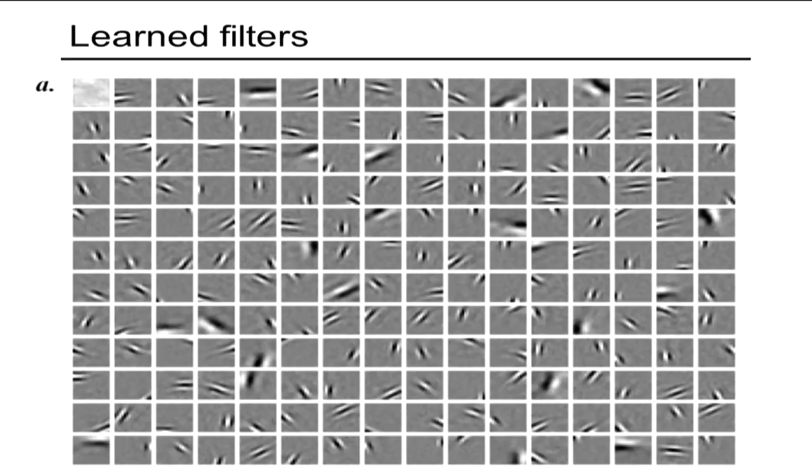We did not say, I want to have gradients. We didn't say, I want to have simple edges. We didn't say, I want complex edges. We didn't say anything. We just said, start with random patches and then optimize for things that would satisfy that equation. And yet, given that we ran it on natural images, this is what it came out with.